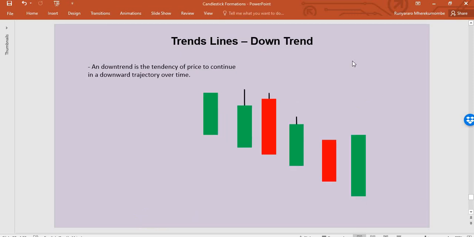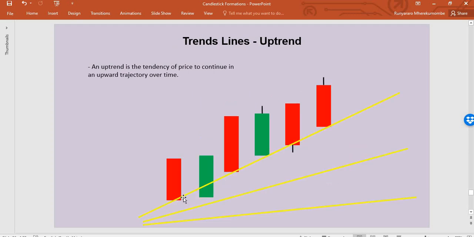For a downtrend, we are saying this is the tendency for a price to continue in a downward trajectory over time. Now, if I may go back here and say, if you are drawing an uptrend, you are drawing it from the lower side of your candles. In other words, your candles are growing above your trend line.